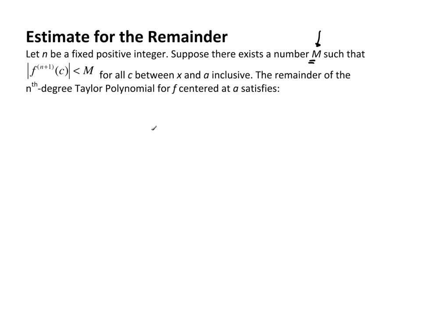The remainder of the nth degree Taylor polynomial for f centered at a, this known point again, is going to satisfy the following.